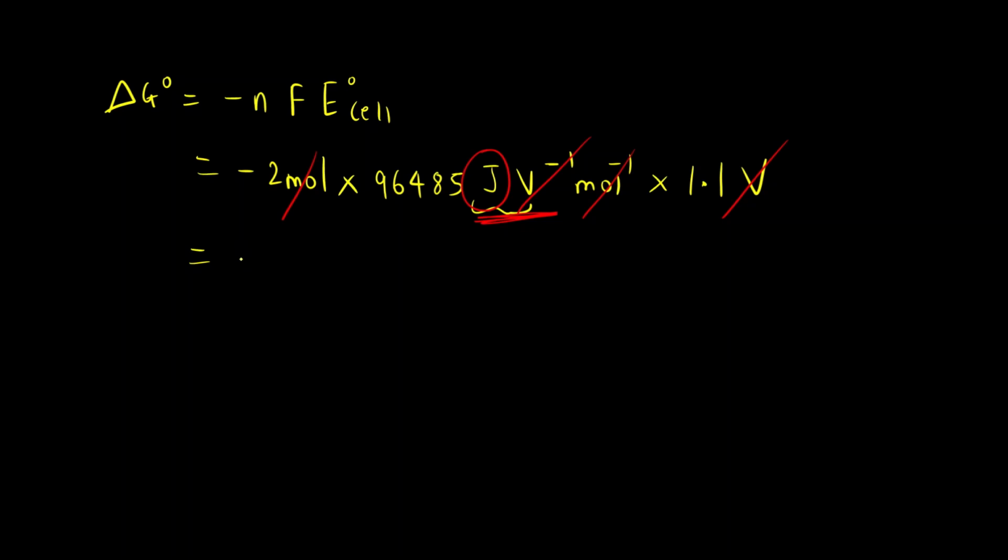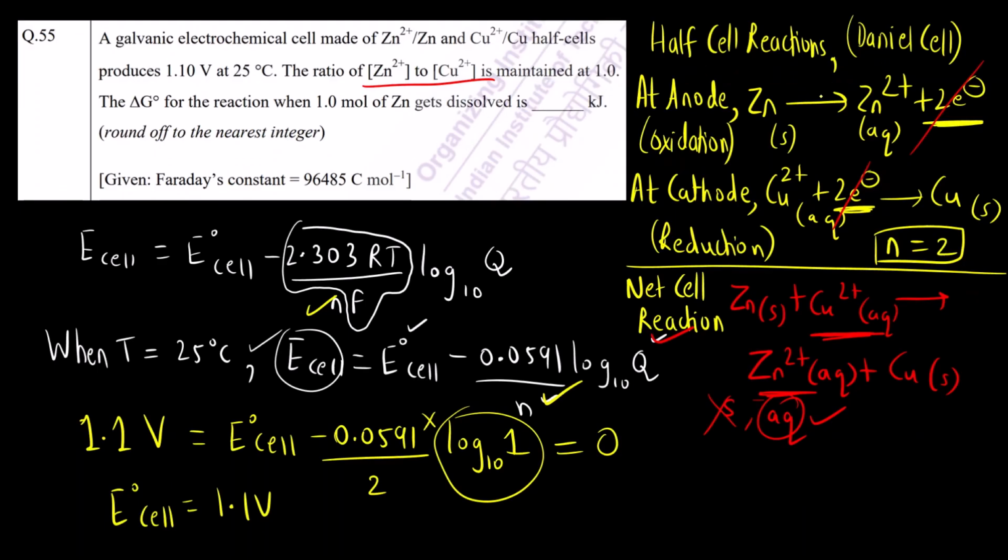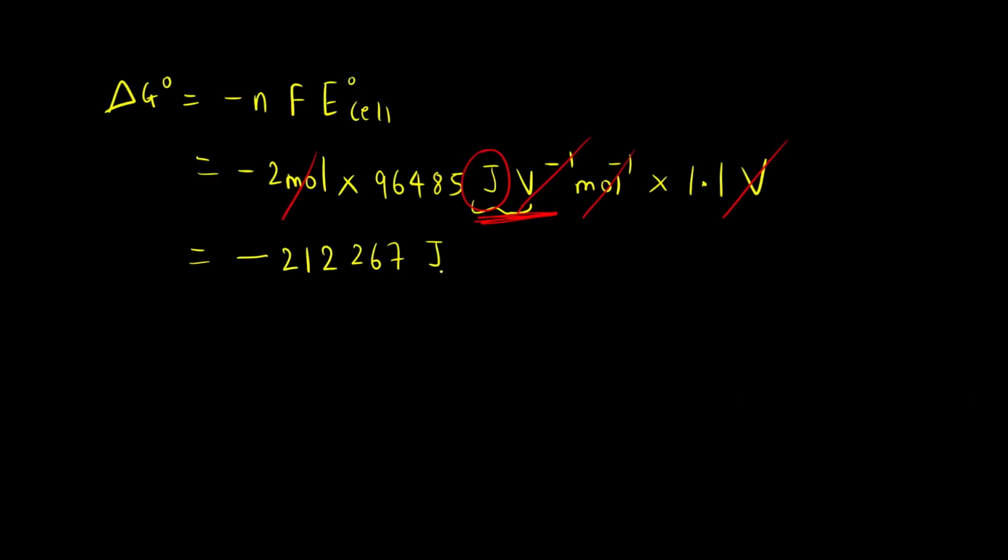So the final answer is going to be minus 212,267 joule. But the final answer is wanted in kilojoules. So how do you convert it into kilojoule? You divide it by 1000. So it will be minus 212.267 kilojoule.